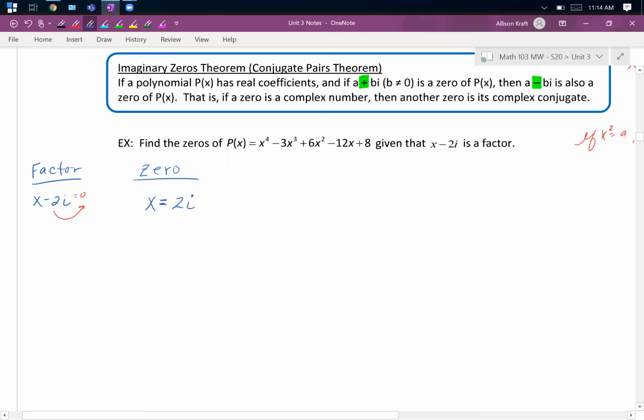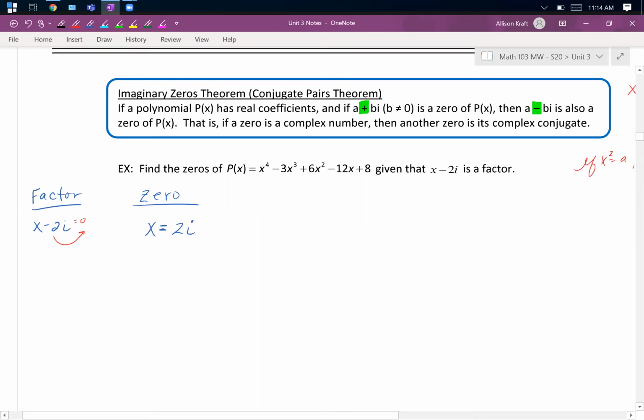Our imaginary zeros theorem says if a plus bi is a 0, then a minus bi is also a 0. Well, right now, this 0 is not in that complex form, a plus bi, so I'm going to rewrite it so that it is in that form. All we're going to do is add a 0 in front.